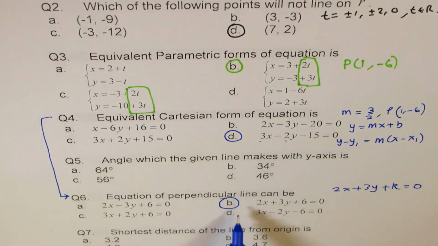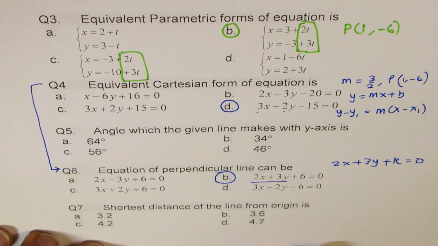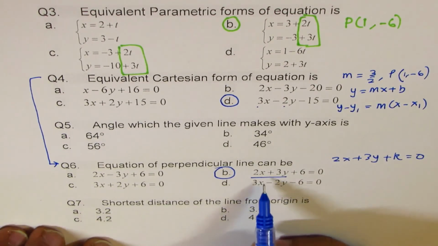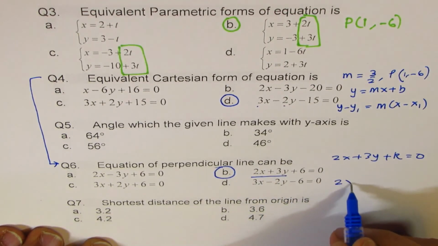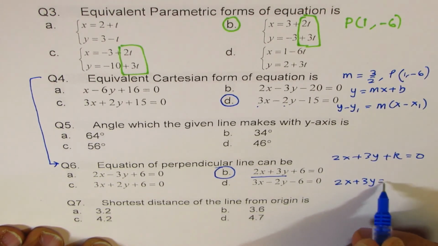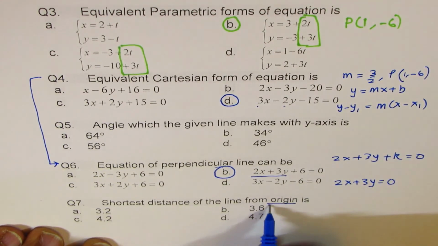So you could actually save some time here, right? Now, question 7 is also similar since we have a perpendicular slope here. So in question number 7, you get the equation as 2x plus 3y equals 0 since we are going through the origin, right?